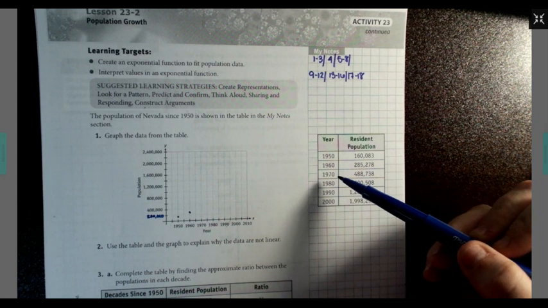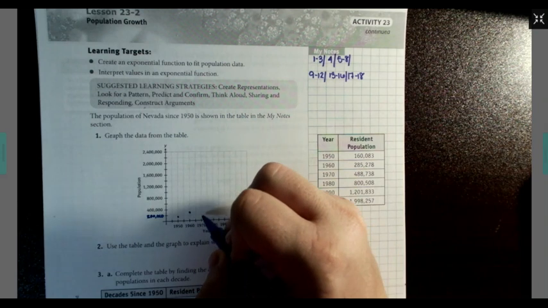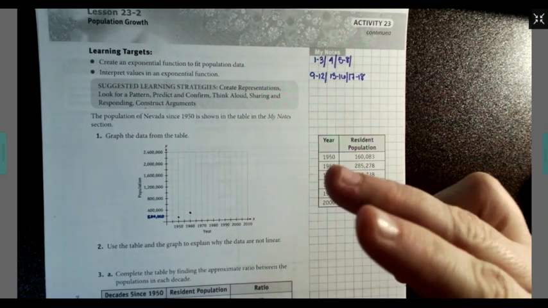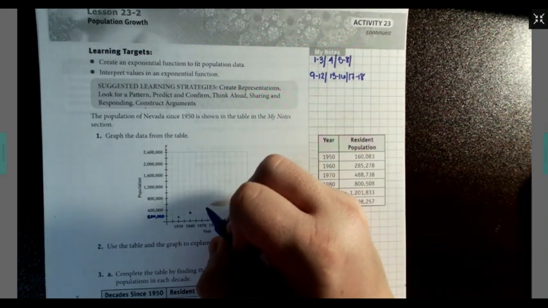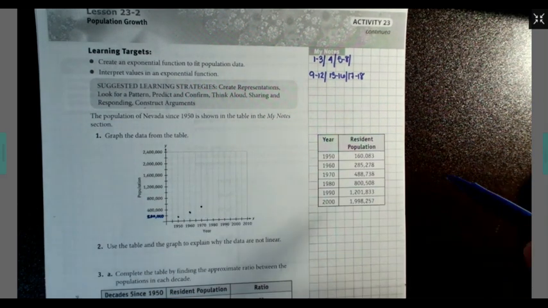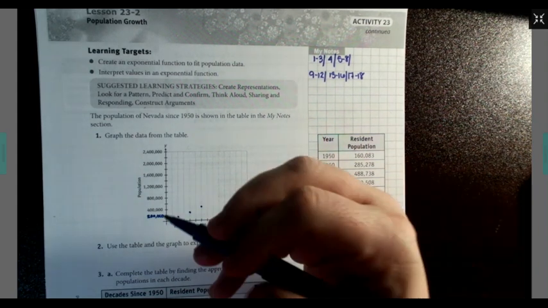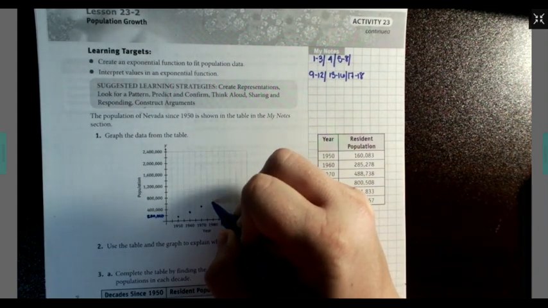Okay. In 1970, it was 488,736. Again, not at the halfway, about 500, but kind of close to it. Then it says in 1980, there were 800,508 people. So that's right close to that 800 mark.